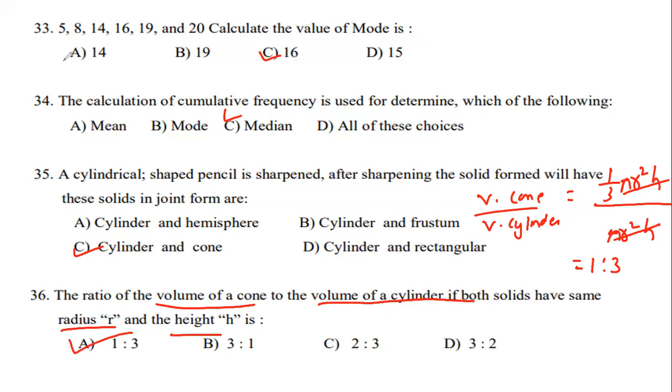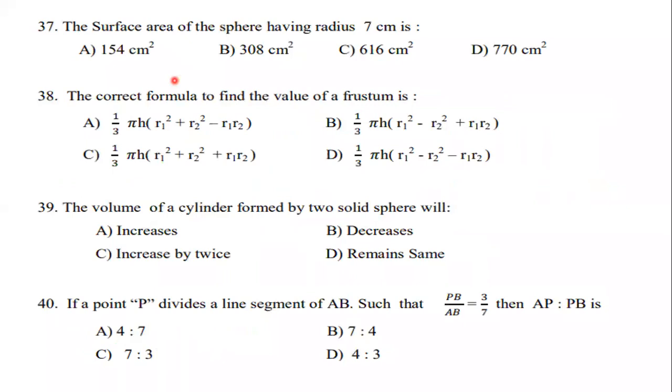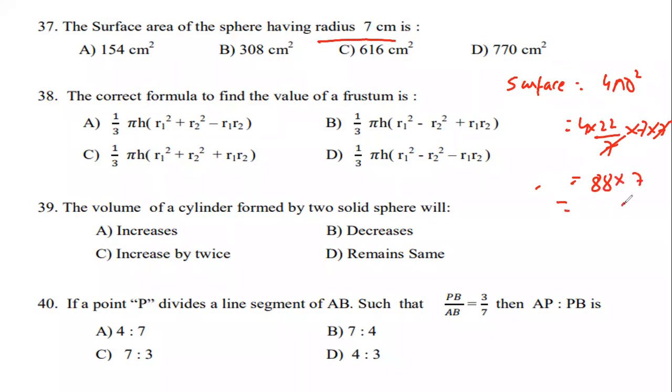Next, go for the next sum. The 8th question. The surface area of the sphere having radius 7 centimeter is dash. Sphere surface area, what is the formula? Surface area of the sphere is 4 pi r square. 4 into 22 by 7 into radius 7 into 7. 7 gets cancelled. 22 into 4 is 88, into 7. 7 8s are 56.